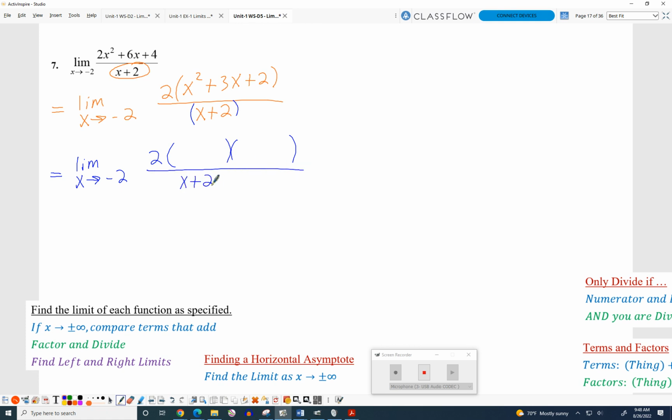I'm hoping there's an x plus 2. The way that it's best to factor in this class is to start here. What multiplies to make 2? 2 and 1. So now that works. Questions?